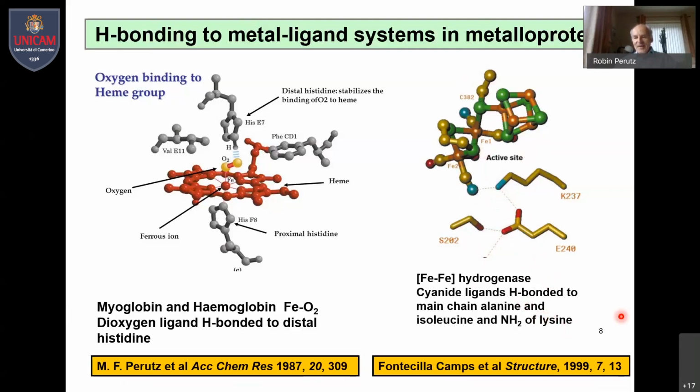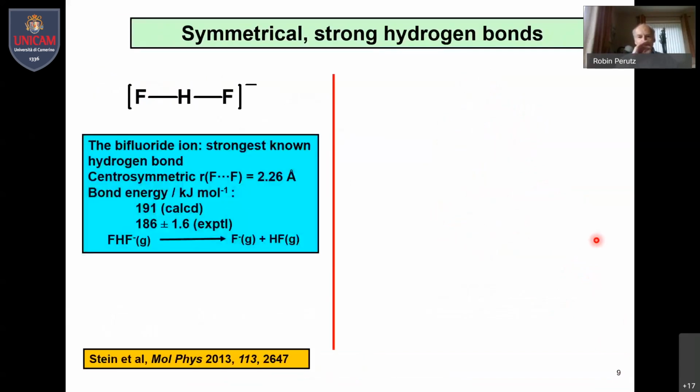Hydrogenases, you remember, can either convert H2 to H plus or H plus to H2, either way round. So those are two examples from metalloproteins.